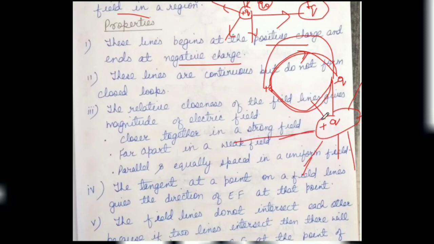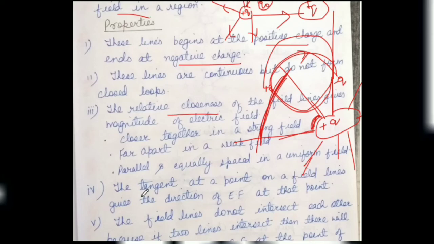As the field lines move away from each other, they move far apart from each other. It means at this place there is a weak field, and at this place they are nearer to each other. It means there is a strong field near the charge. So the relative closeness of the field lines gives the magnitude of electric field at that point.